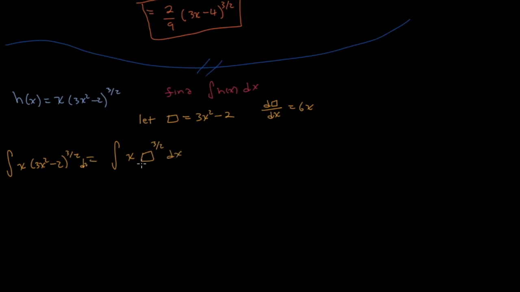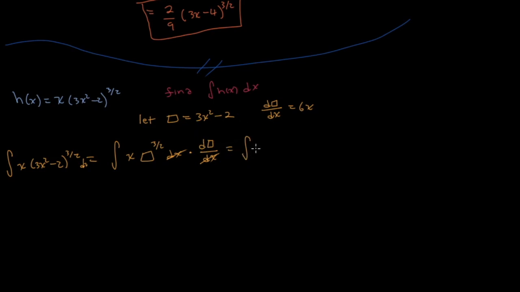But as you can see, this isn't in a d box form. We want to be differentiating with respect to this box. So what we can do is multiply by the derivative of this box with respect to x, and then these x's would cancel out, and so now we would be differentiating with respect to the placeholder and not x.